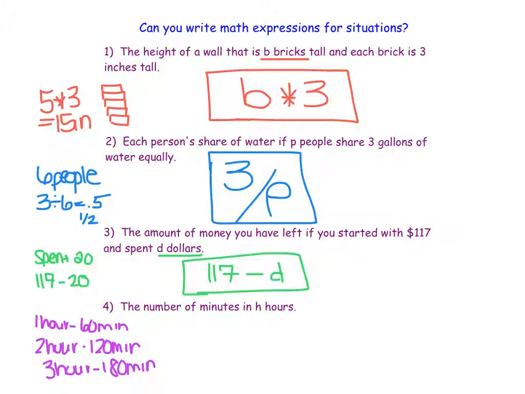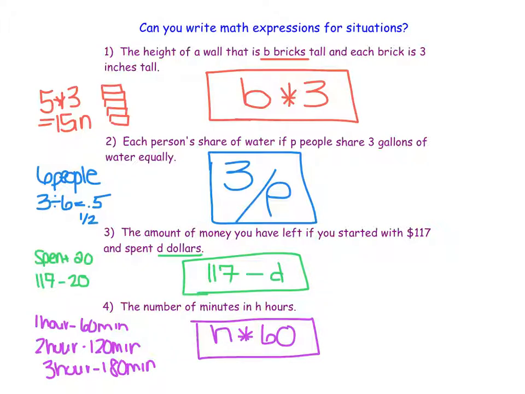And what I'm noticing is that for each hour, I'm adding on an additional 60 minutes. So in order to figure out the number of minutes in H hours, I'm going to take my total number of hours and multiply it by 60. So if it's 1 hour, it'll be 60 minutes. 2 hours, 120 minutes, so on and so forth.